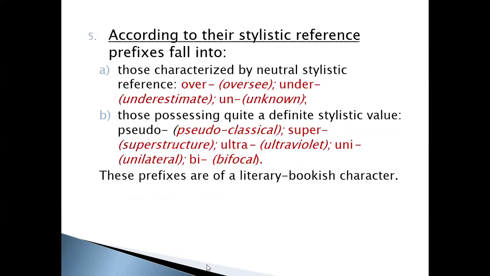According to the stylistic reference, prefixes fall into those characterized by neutral stylistic reference, for example, over-, oversee; under-, underestimate; un-, unknown. Those possessing quite a definite stylistic value, for example, pseudo-, pseudo-classical; super-, superstructural; ultra-, ultraviolet; and uni-, uniliteral; bi-, bifocal, and others.